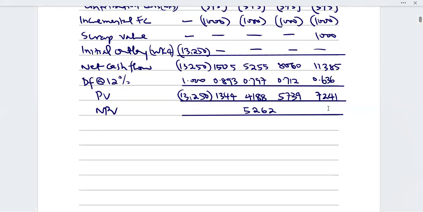The examiner is asking us to advise with relevant calculation whether the project should be accepted.